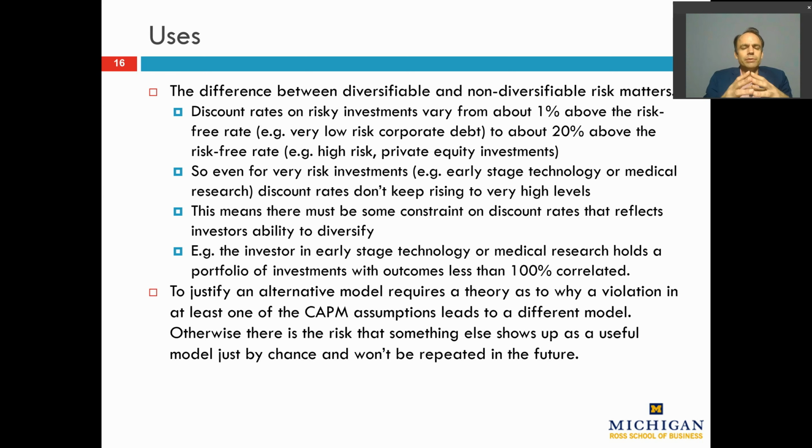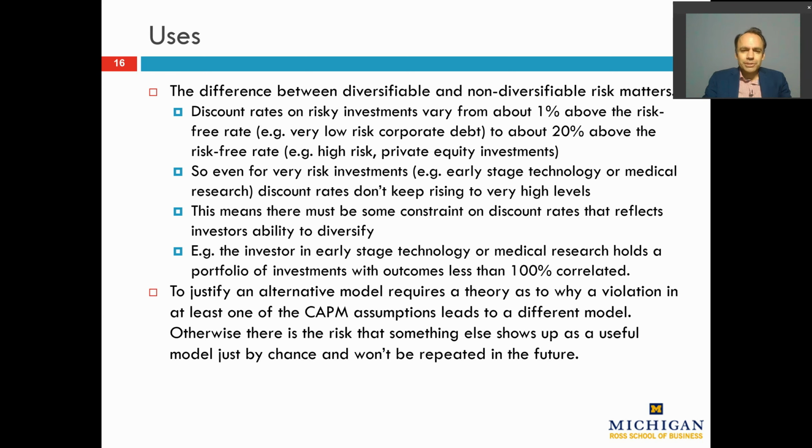So for example, you might see someone analysing an early stage technology or medical research company that says, if we have lots of success, and so we have a large number of users of our technology, or a large number of patients that can be treated with a particular drug, if we have success and we can generate high amounts of revenue and cash flow, that's a great outcome. And we'll apply a 50% discount rate to that success case to do a valuation.